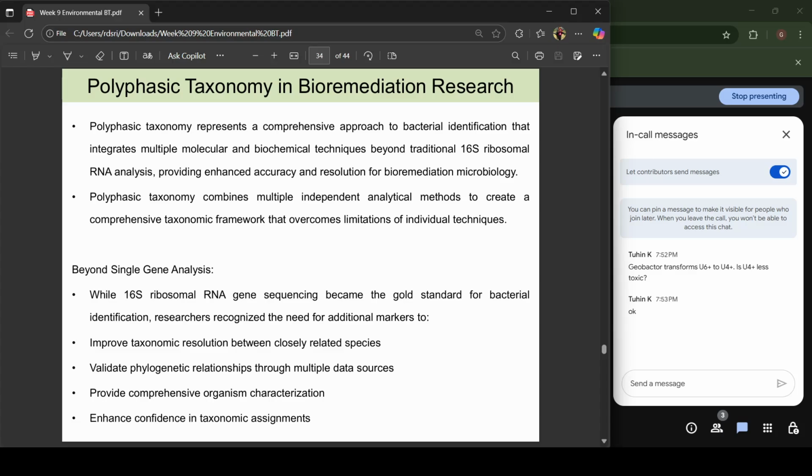It combines independent analytical methods to create a comprehensive taxonomic framework. So we are going to perform multiple analyses, have the data backed up where one data supports the other, and through this study we will have a comprehensive taxonomic framework that overcomes the limitation of individual techniques.